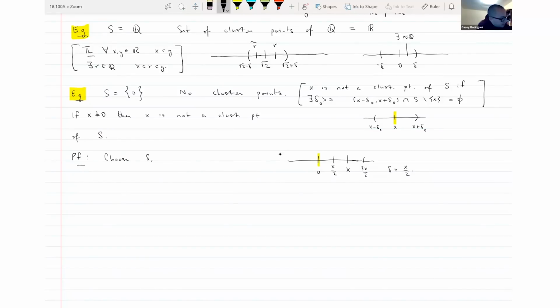So choose delta 0, and we'll simplify this further and suppose X is positive. For X less than 0, you choose delta 0 to be the absolute value of X. But for this one, this is simple enough. Choose delta 0 to be X over 2. Then the interval (X minus delta 0, X plus delta 0) is equal to (X over 2, 3X over 2).